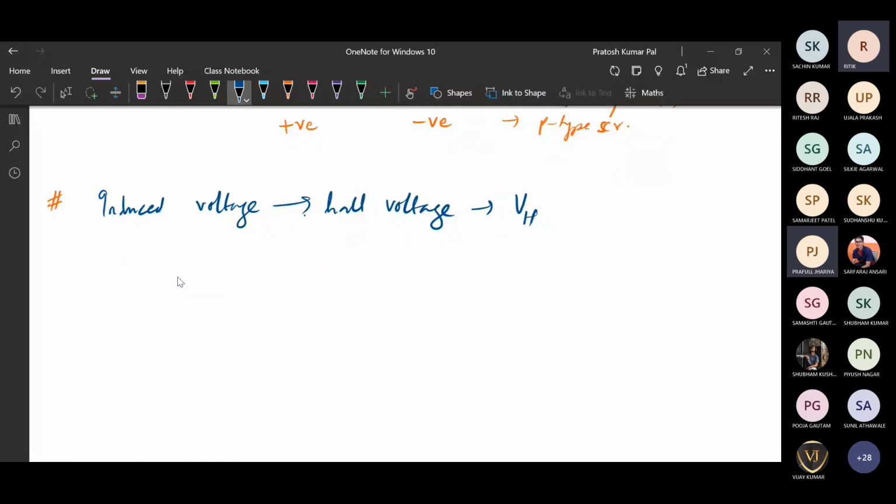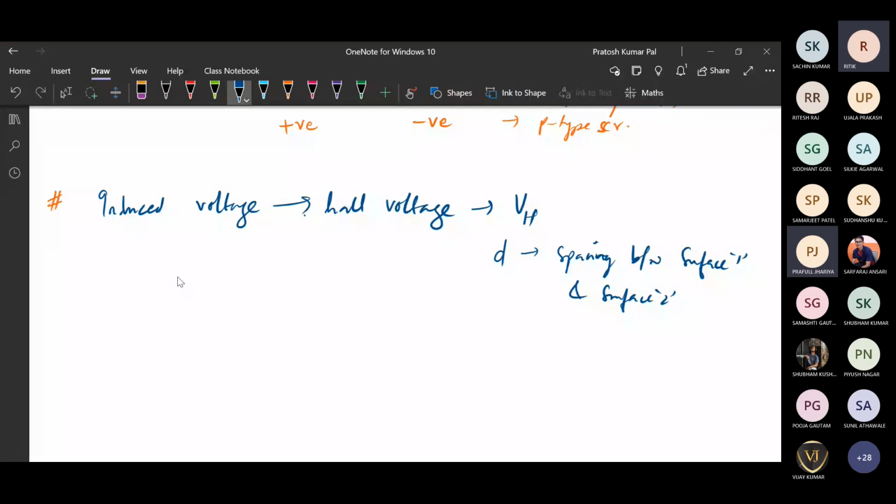This voltage is induced across the spacing D, where D is the spacing between surface 1 and surface 2, and VH is the induced voltage or the Hall voltage.